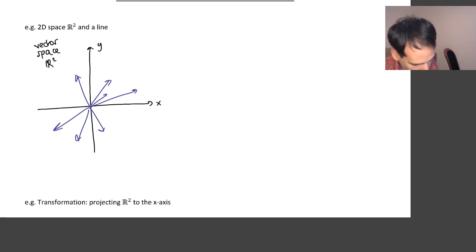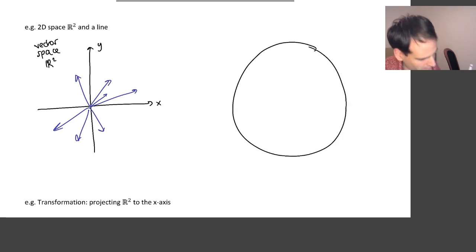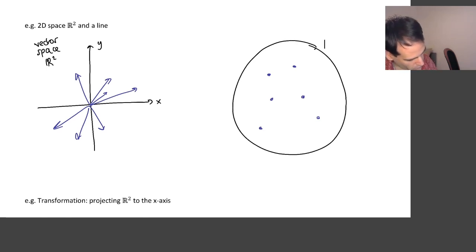So one way we can draw this using a Venn diagram is to say, okay, I'm drawing a circle here, and this is like my bag of vectors. Every single vector that I drew here on the left can be represented by a point on the right. And this will be R squared.